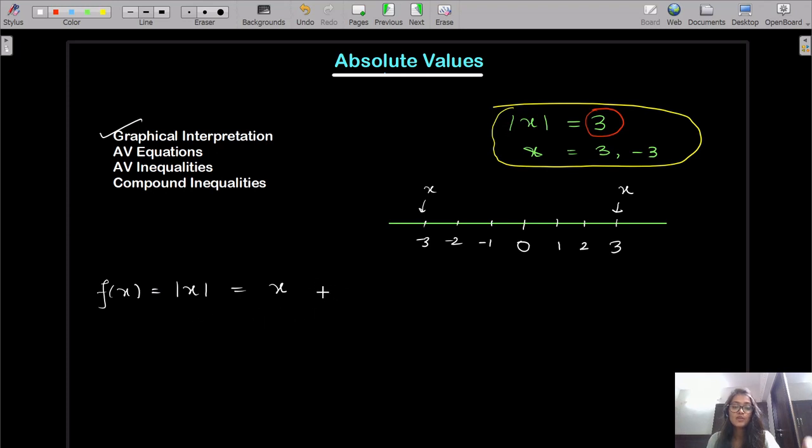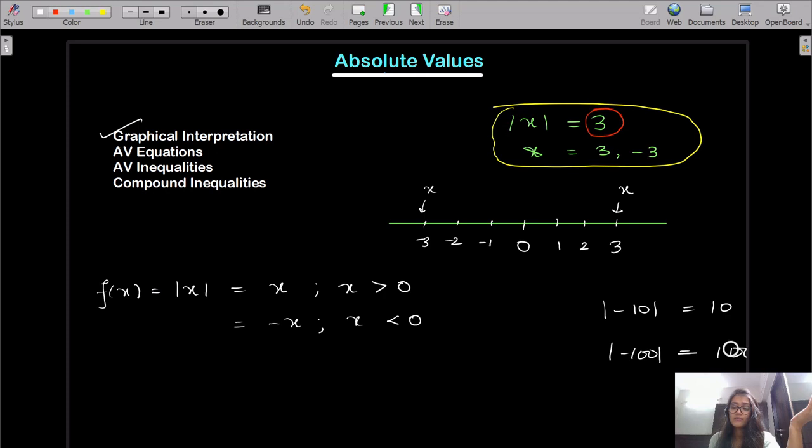This is the case when x is a positive number, and if your x is a negative number, then you will get negative x, because whatever you input inside the absolute value function, it makes it positive. So absolute value of, let's say, negative 10 is gonna be 10, and absolute value of negative 100 is gonna be equal to 100. Why?